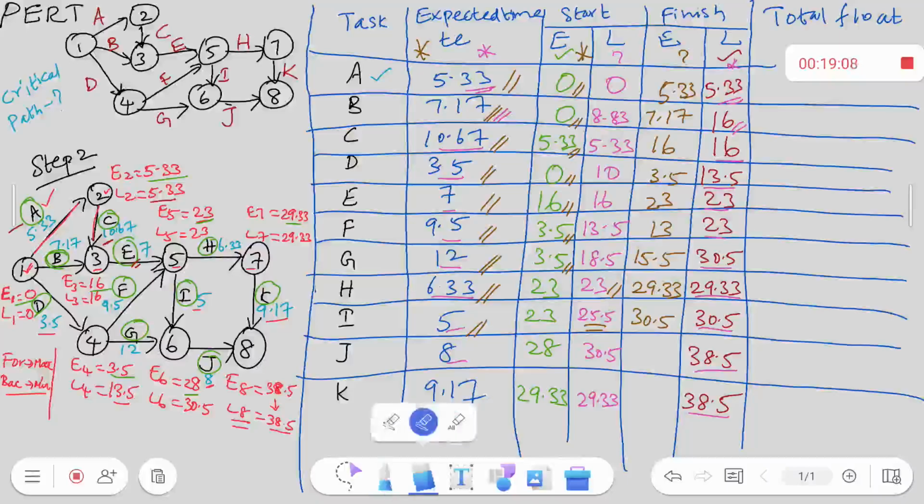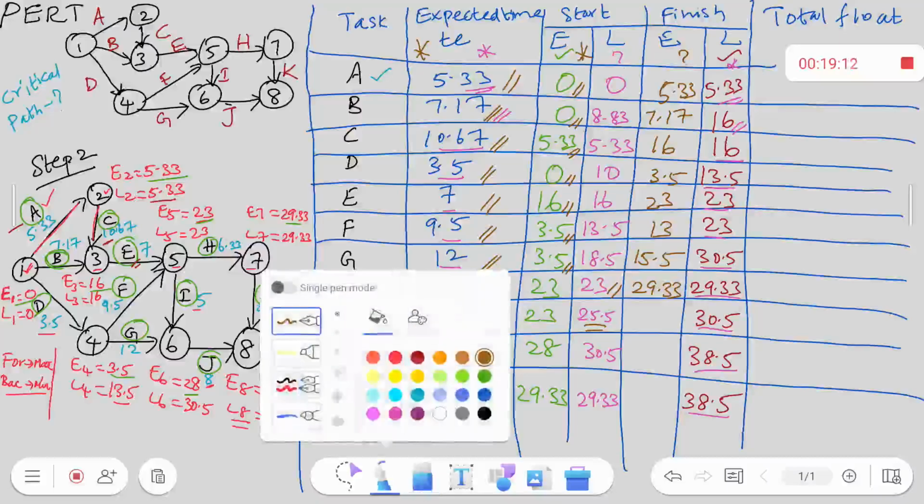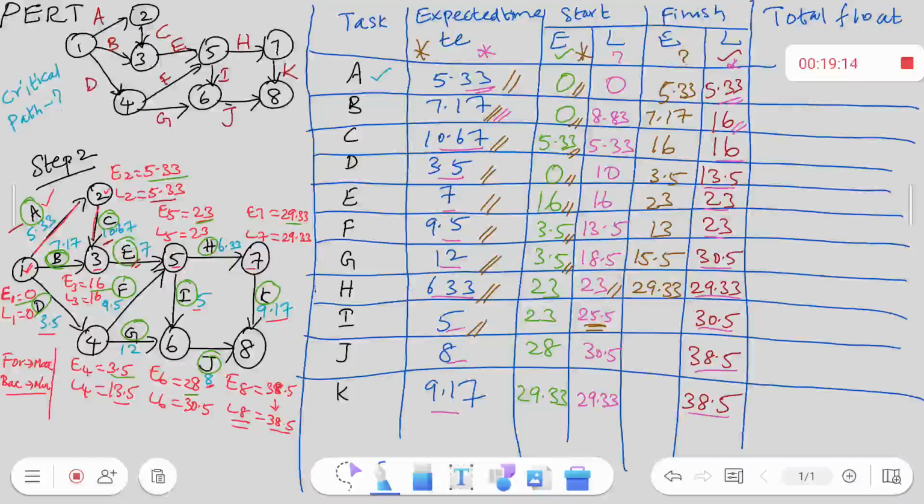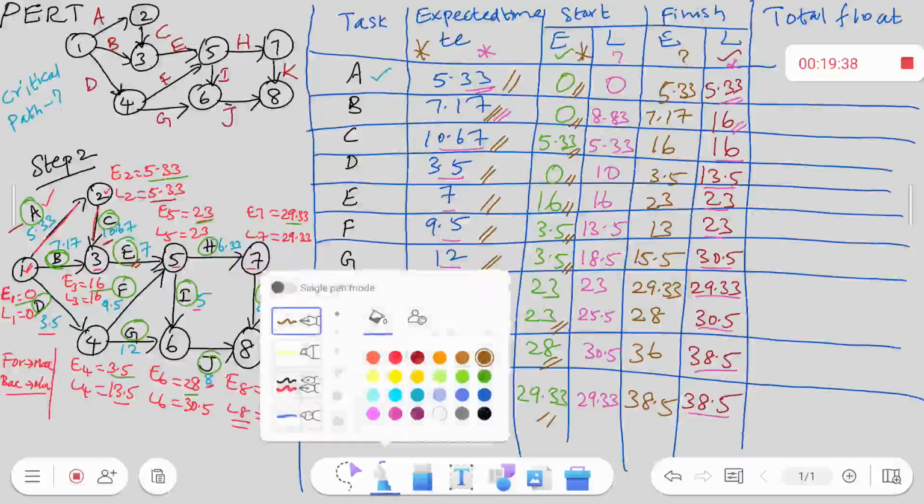Sorry, 23 plus 5 is 28. Next is 36 plus 2.5, and when you add these two, we get 38.5. Okay, we have completed writing those things.